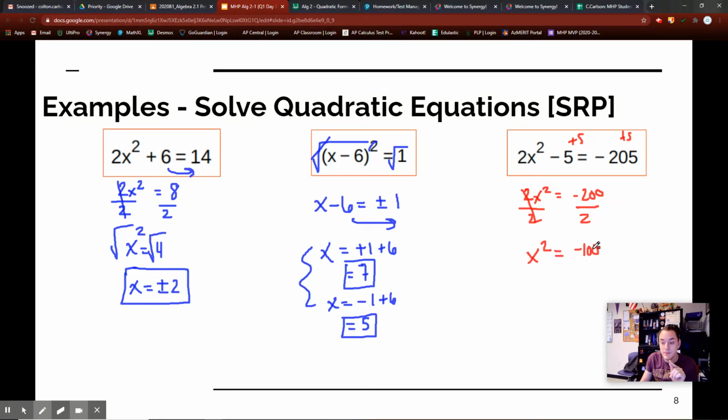Now watch, ready? What happens when we take the square root of this baby? What happens? Can you do that? Can you take a square root of a negative number? Of course, that side goes poofy, x equals. But can you take a square root of a negative number? Technically, yes, but is it real?